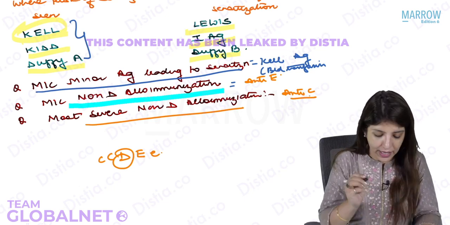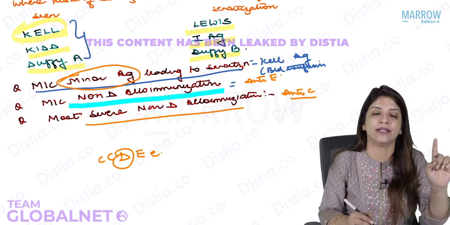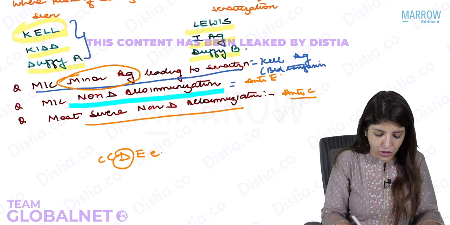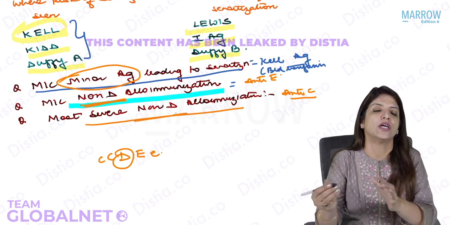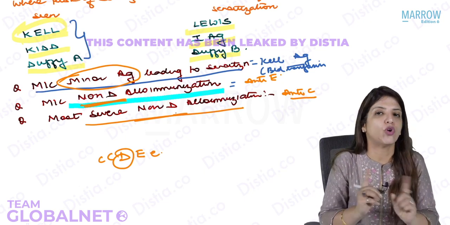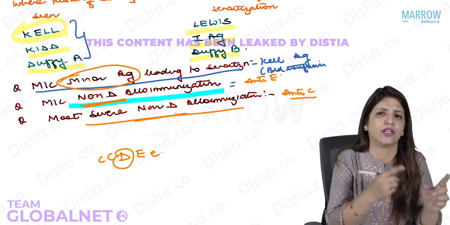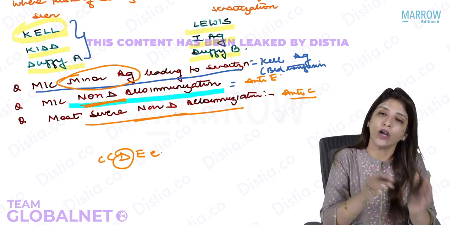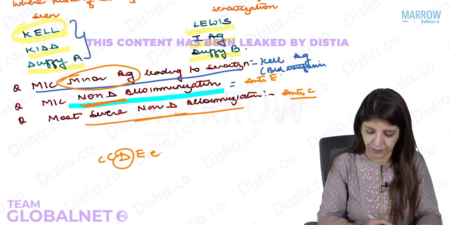Clear to all of you? If they ask you minor antigens, you are going to talk about Kell, Kidd, and Duffy A. If they ask you non-D, then you are going to talk about C and E. Right? Do not confuse between the two. Minor means they are talking about Kell, Kidd, Duffy, Lewis, all these. Non-D means they are talking about C or E. Clear?